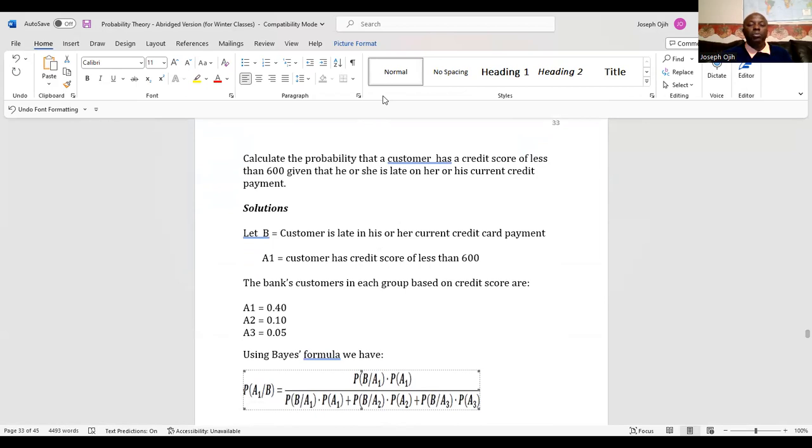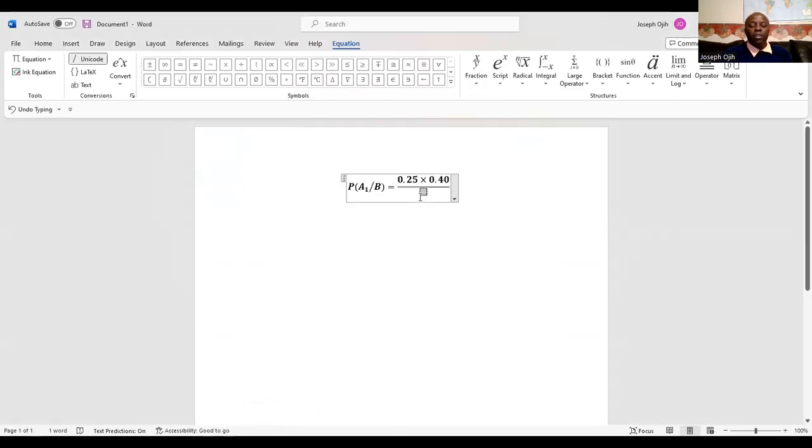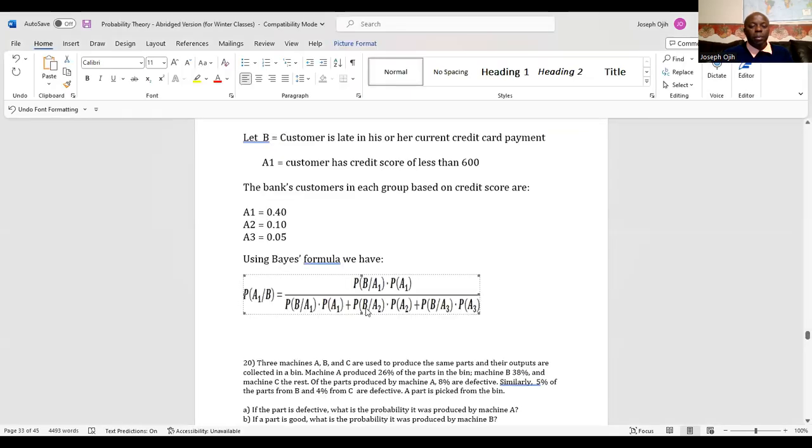So again, taking you to that section where we plug in our numbers. We're going to have 0.25, let me put it in parentheses, times 0.4. Then for the second event, it is the probability of B, which means that the customer is late, given A2, times the probability of A2.